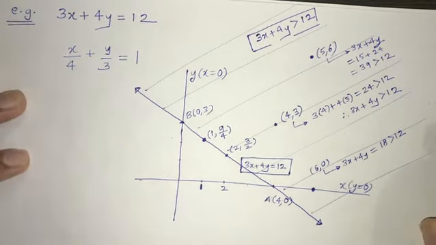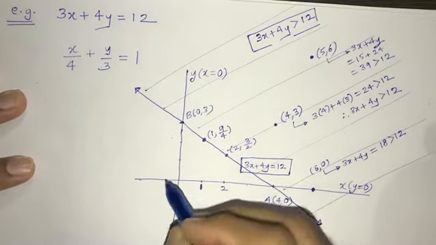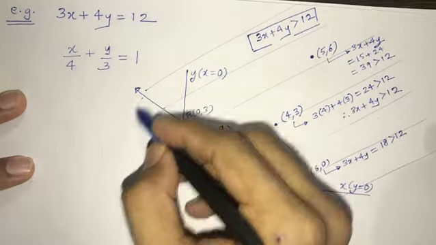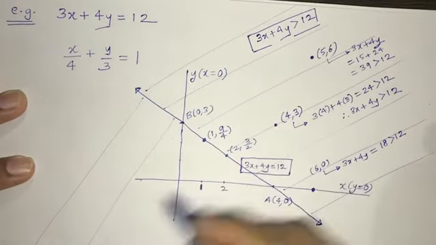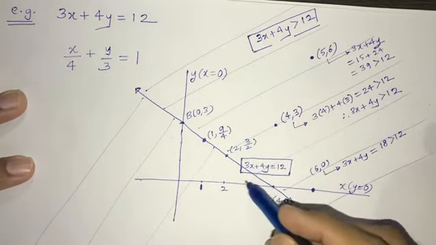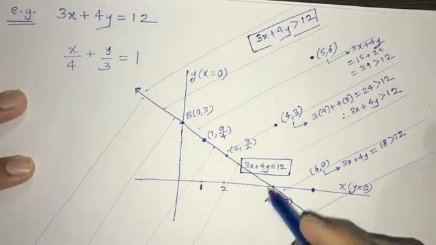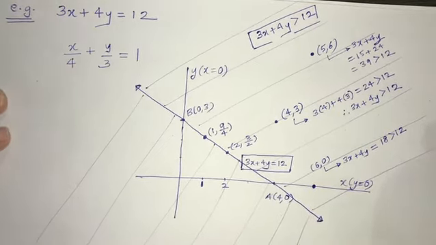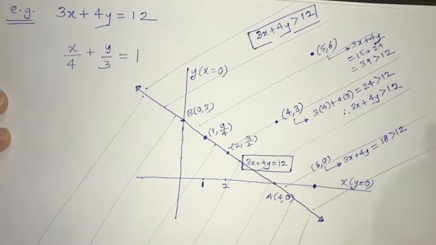So you must now be knowing that if I take any point on this side here, equal to is done, greater than is done. So what sign is left now? What inequality is left now? Obviously less than 12.